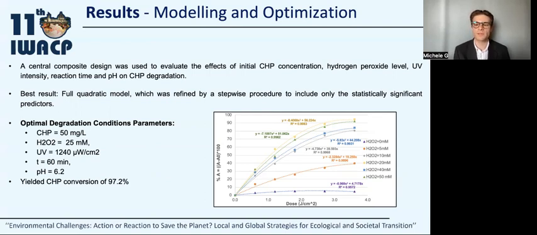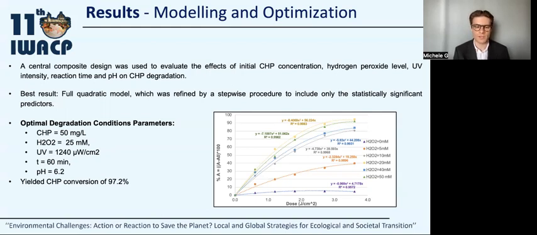The best result was obtained with the full quadratic model, which was refined by a stepwise procedure to include only the statistically significant predictors. The optimal degradation condition parameters that were found at the end of the experiments can be seen on the bottom left of the slide.